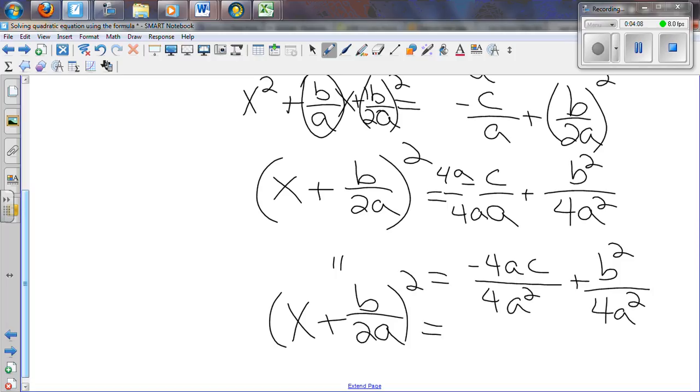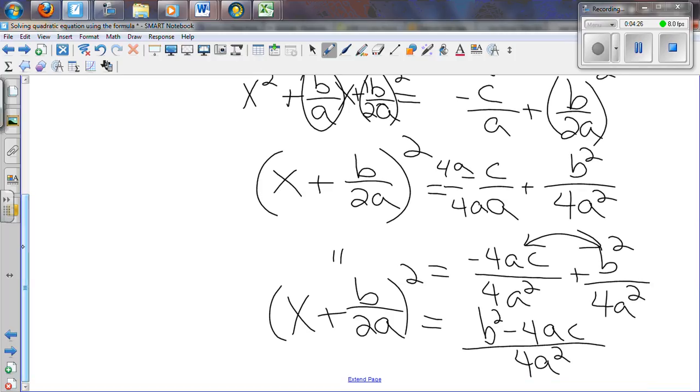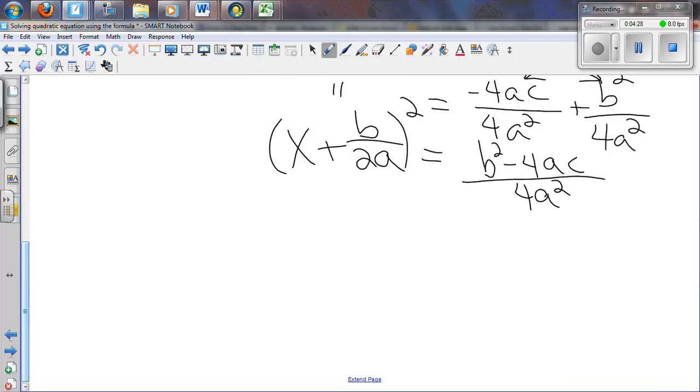I'm going to go on to the next step and combine these together. When I combine them, I'm just going to flip-flop these two around. So this is b squared minus 4ac all over 4a squared. Now, since I have this squared on this side, my next step is to take the square root of both sides.